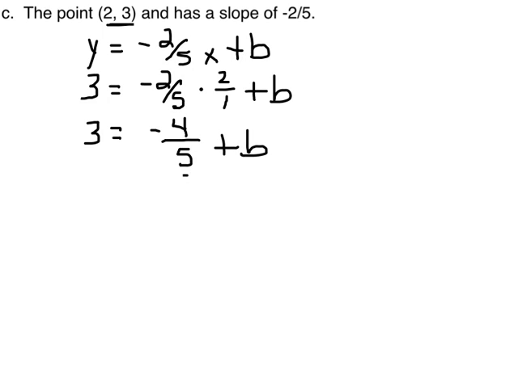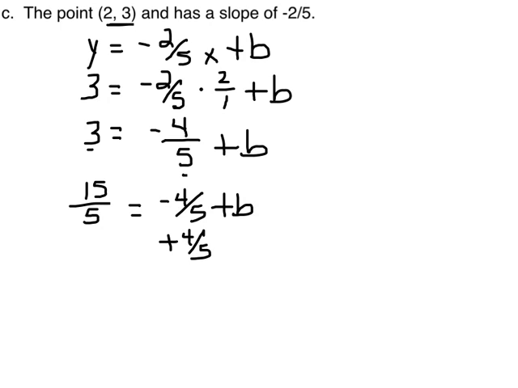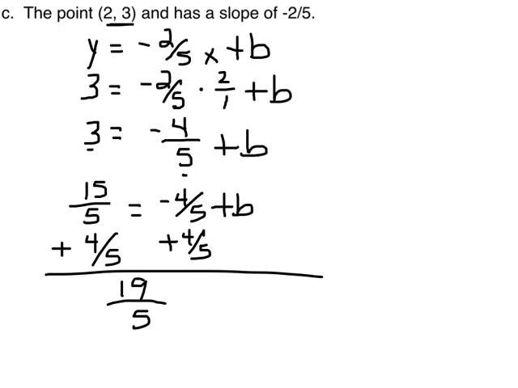Now I have a denominator of 5, so I need a denominator of 5 over here. The only thing that would equal 3 with a denominator of 5 is 15 over 5 equals negative 4/5 plus b. So I'm going to have to add 4/5 to both sides. And I find that b is equal to 19/5.